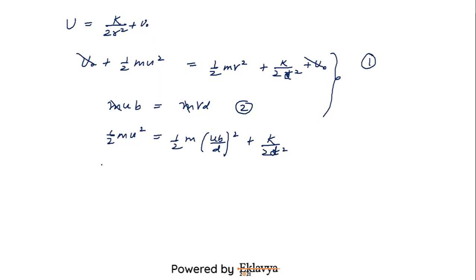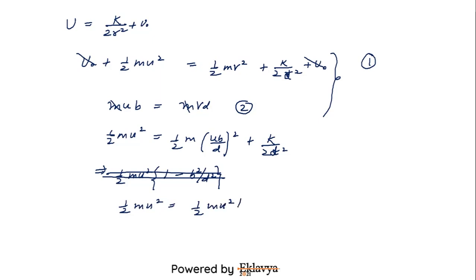So it will become half m u square is equal to half m u square b square plus k by 2, this entire thing into 1 by d square.